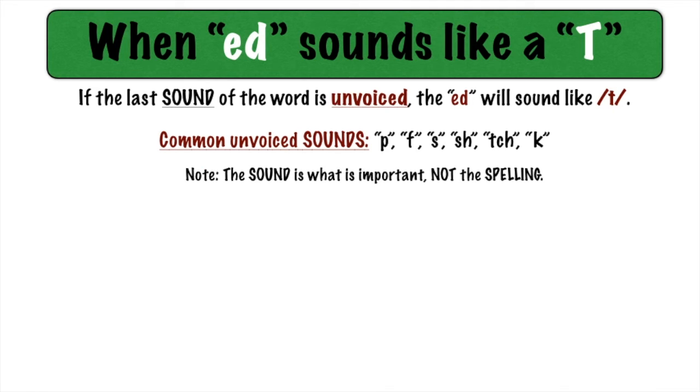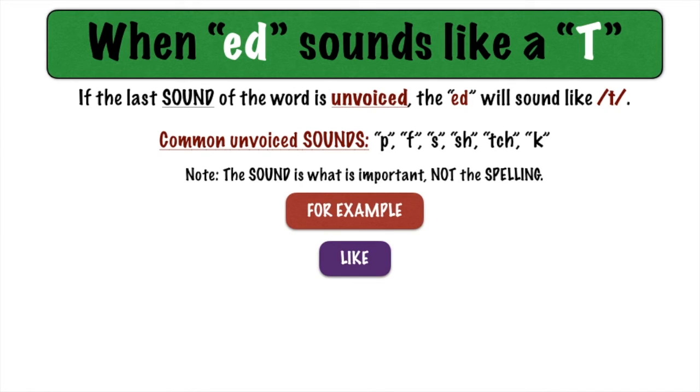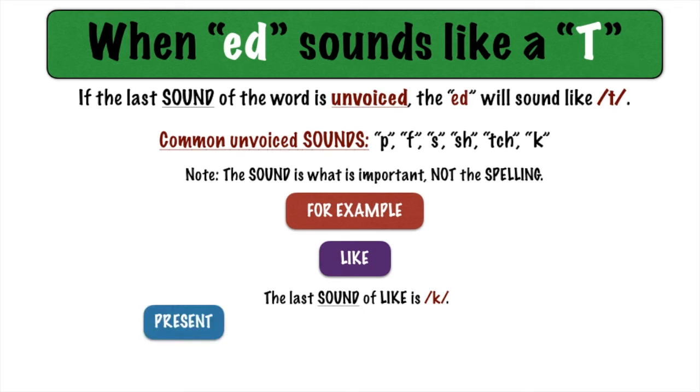Again, remember that the sound is what is important, not the spelling. I'll give you a good example here. The verb like. The last sound of like is k, because the e is silent.